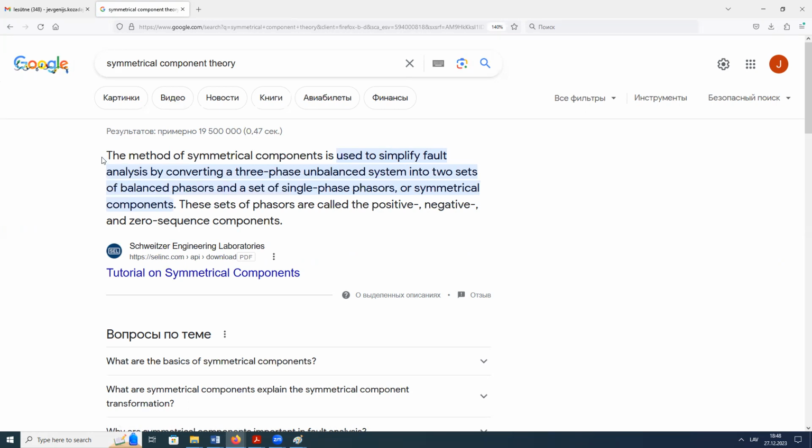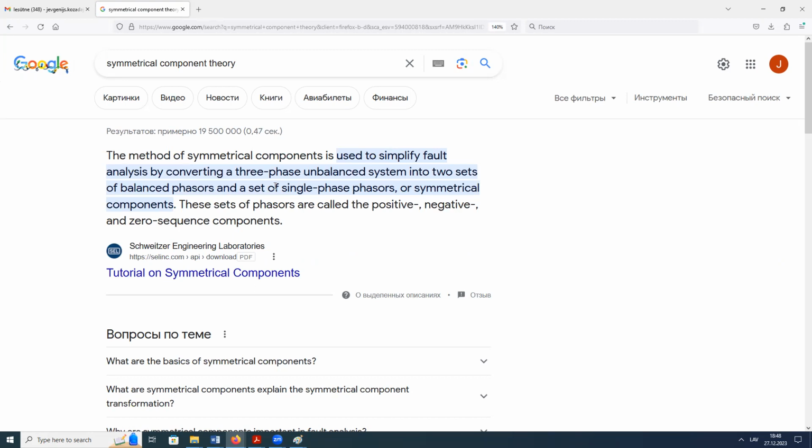So you could see, for example, from Google here, and this is true. This method is used to simplify fault analysis by converting a three-phase unbalanced system into two sets of balanced phasors and a set of single-phase phasors, or symmetrical components, yeah?